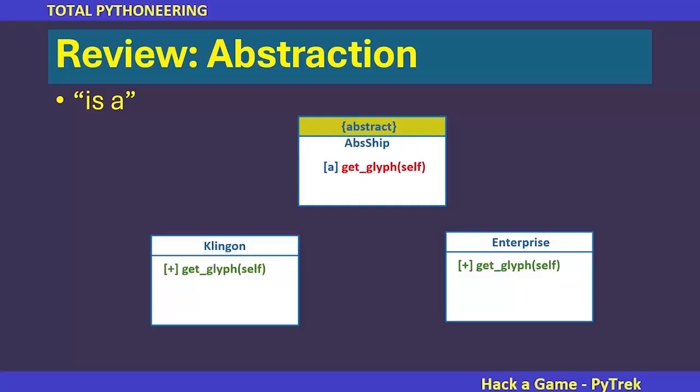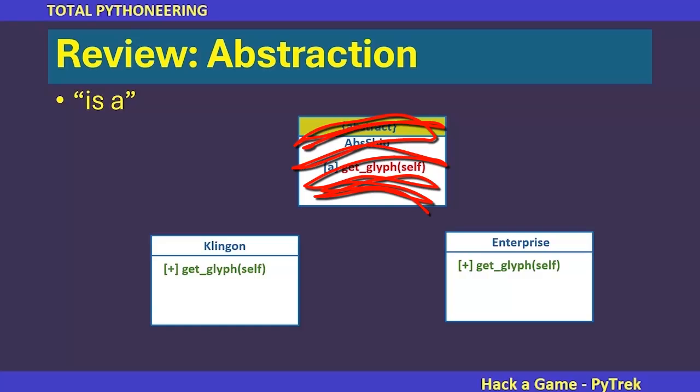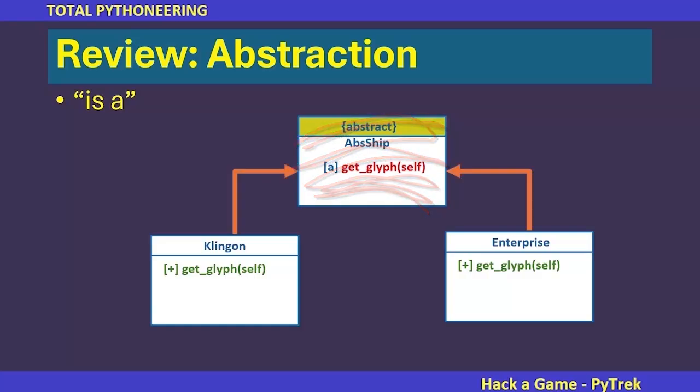Using the curly braces, or squirrely braces as I like to call them, is also not part of the standard, but we still get the idea there's something different going on with that class. What is different, of course, is that we are unable to instance or create ABS ship directly without something providing that abstract method.